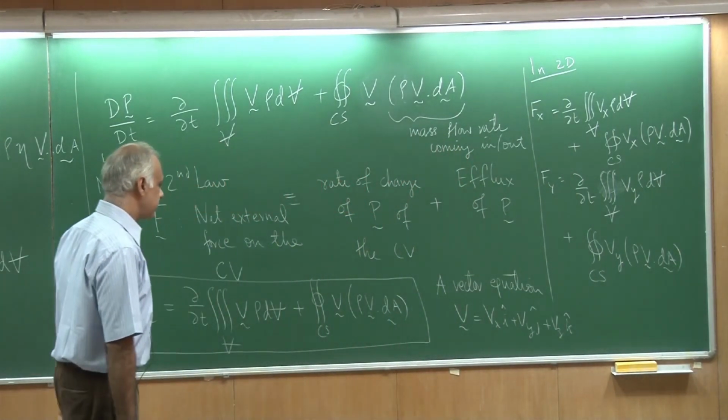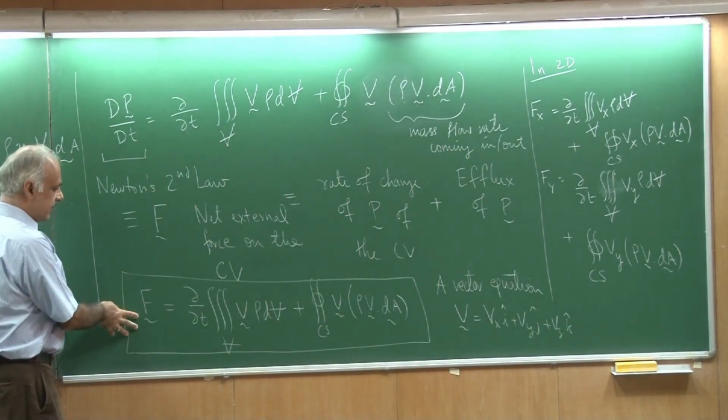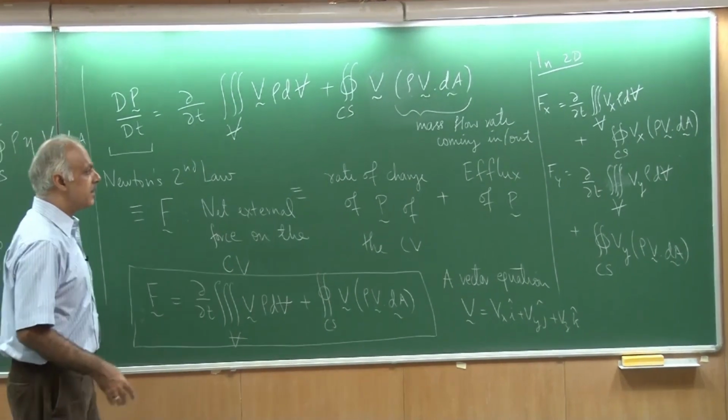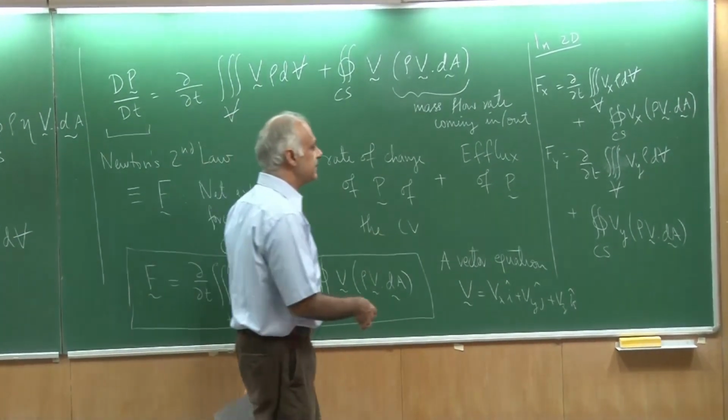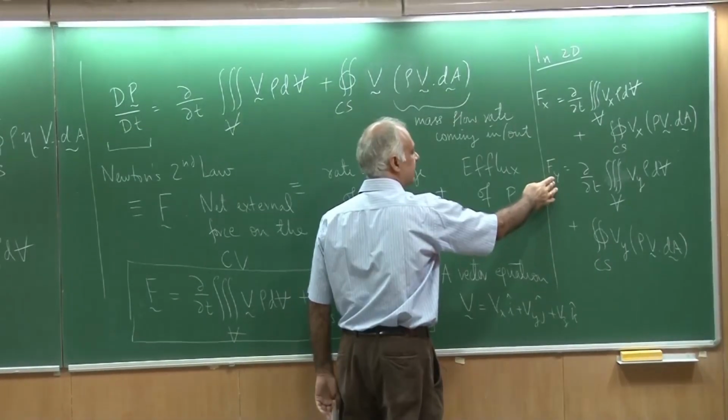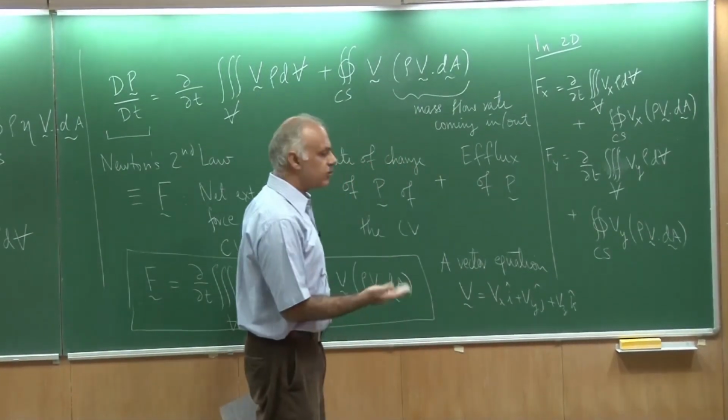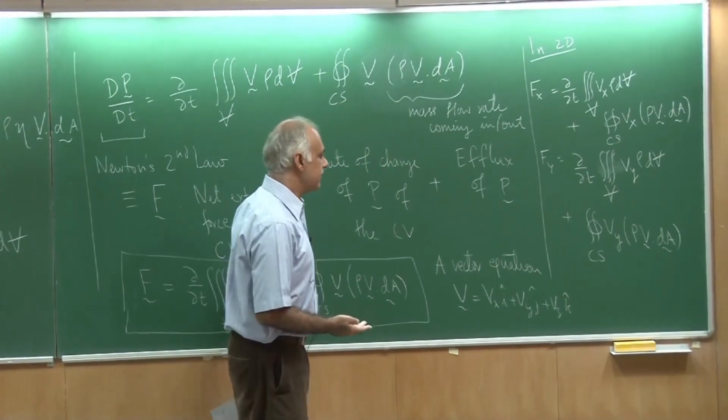Okay, so there you go. This is in the vector form, but if you want to write down scalar equations, then in 2 dimensions there are these 2 equations, and there would be an additional equation if we go to 3 dimensions.